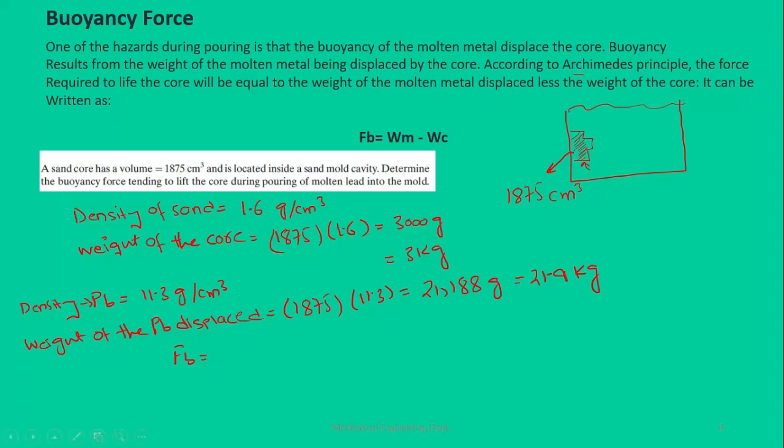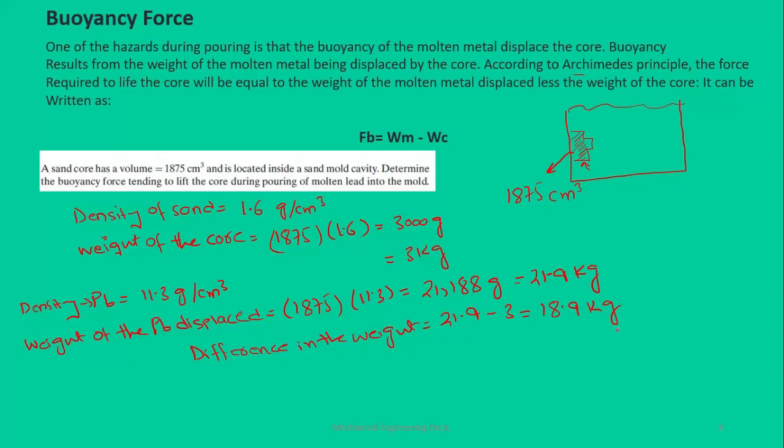The difference between them would be 21.9 minus 3 kilograms, and it's equal to 18.9 kilograms. This is the weight of the lead being displaced, right?